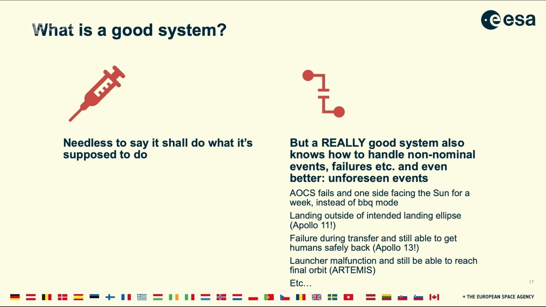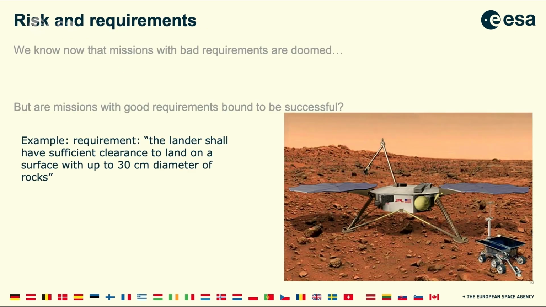But even on smaller projects, we could easily have an AOCS failure, so an attitude failure, and have one side facing the sun for a long time. What do you do then? So we have to come back to the requirements. We know that when we have bad requirements, we are doomed for sure. But when we have good requirements, that still doesn't mean that we have a very good design.